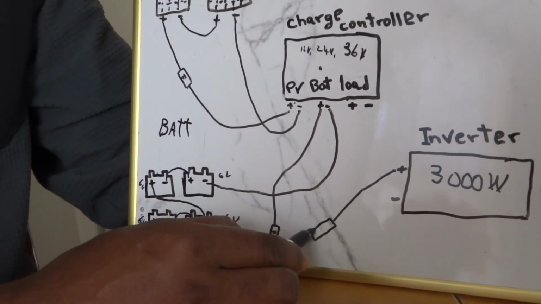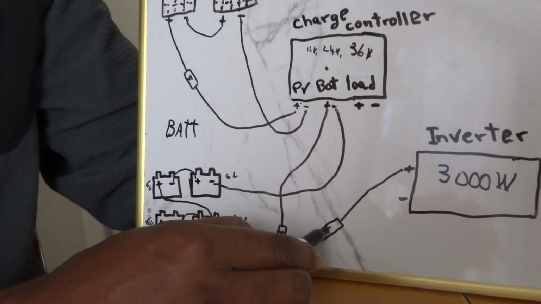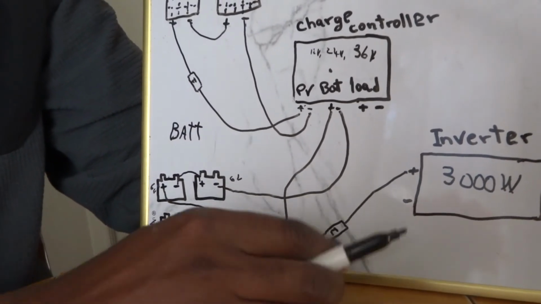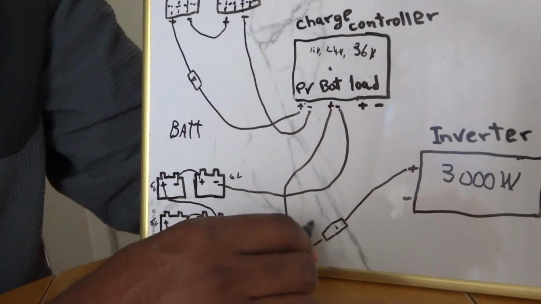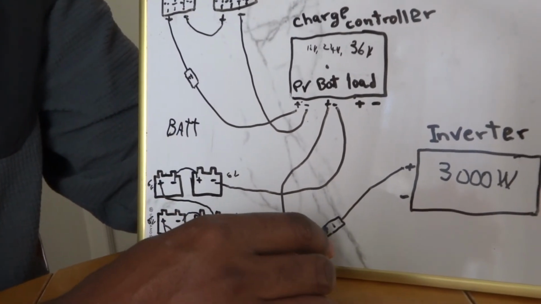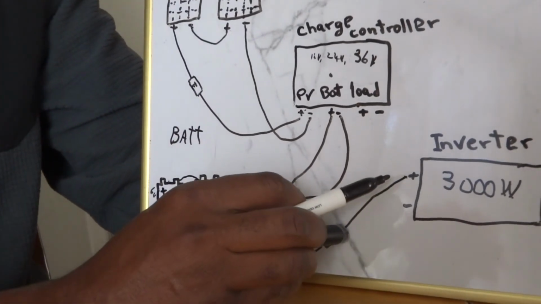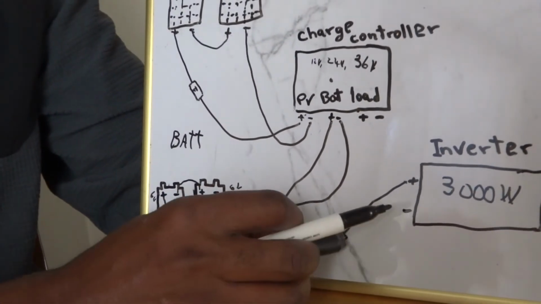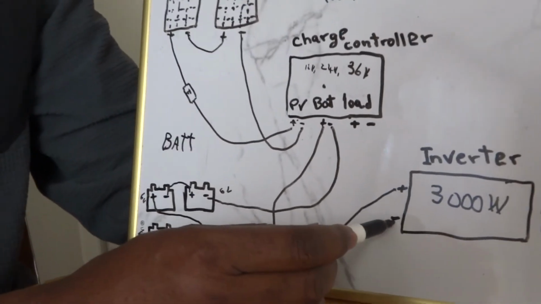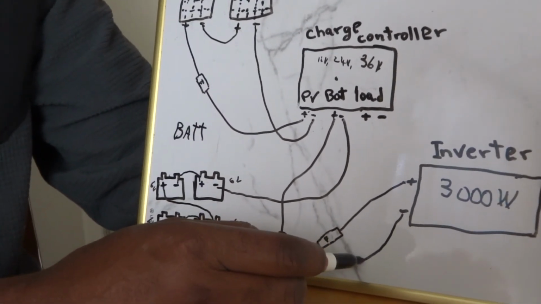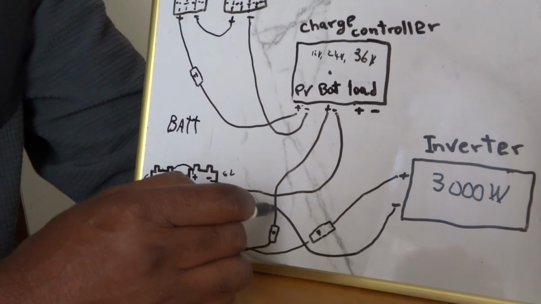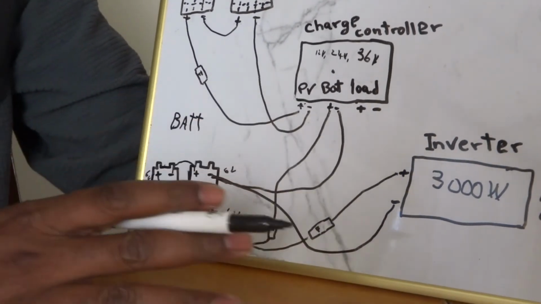You still put a fuse here on the positive side of the battery, and then the negative goes to the same negative we used earlier. These are wires.